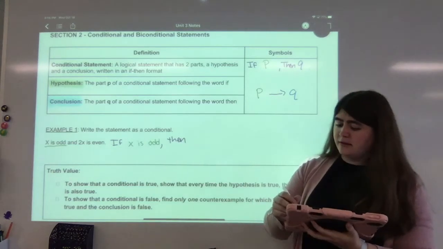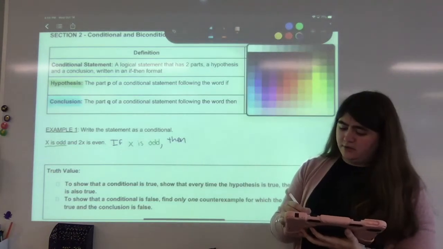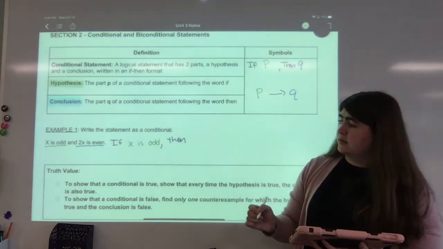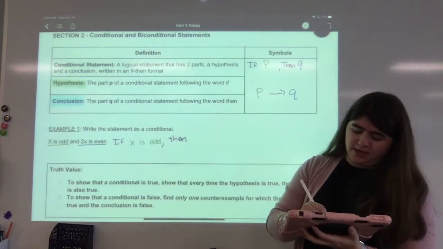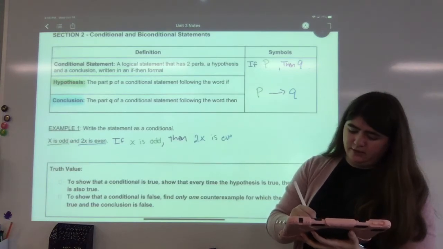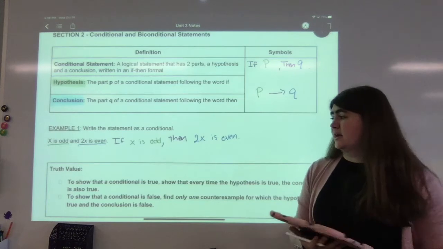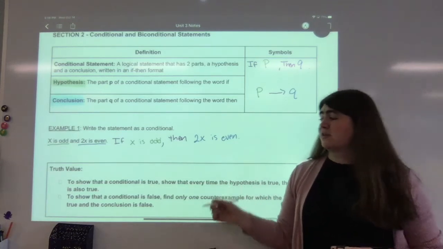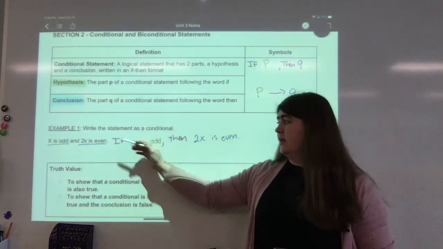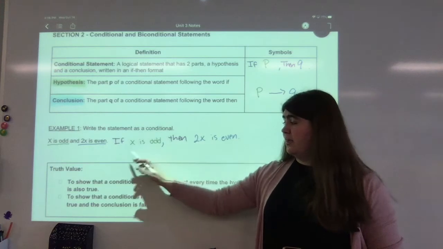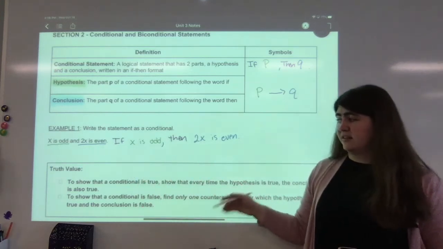So if x is odd, then, using blue to represent my conclusion, 2x is even. So if x is odd, then 2x is even. And that is my conditional statement. So I'm taking something and I'm splitting it into two pieces, the hypothesis and the conclusion. If the hypothesis, then the conclusion. If x is odd, then 2x is even.